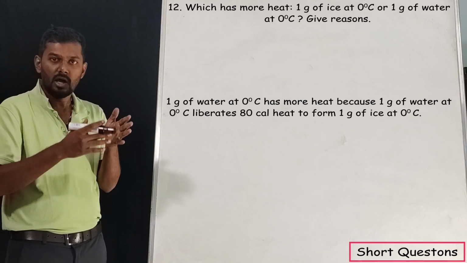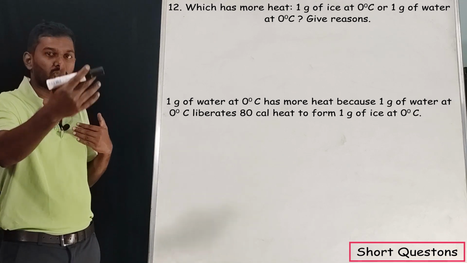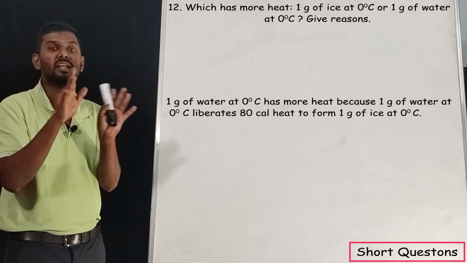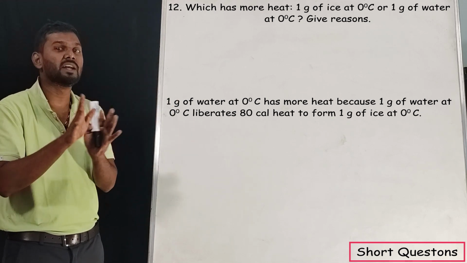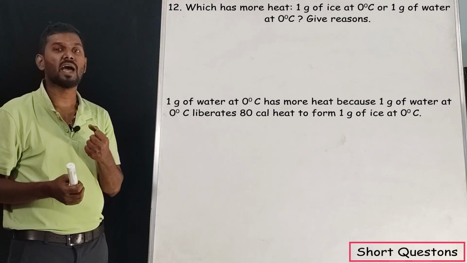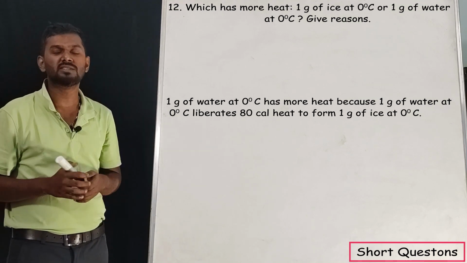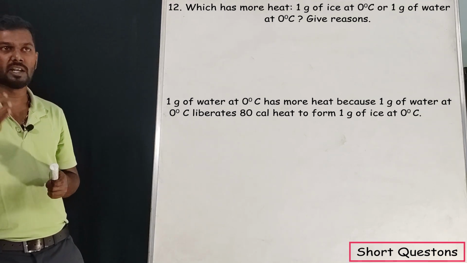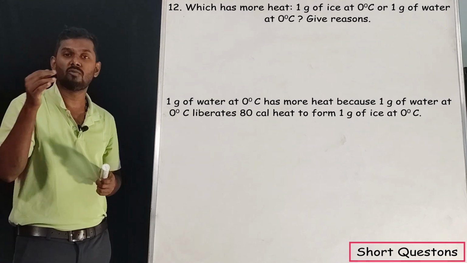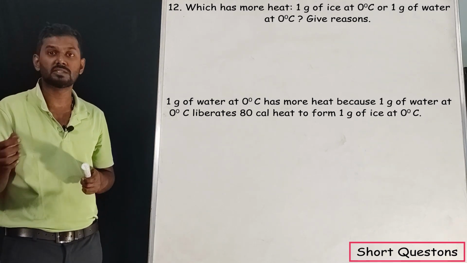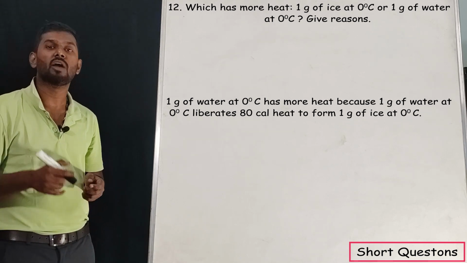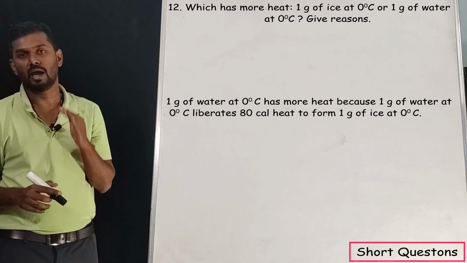Whenever water is converting into ice, it will release heat energy. If it is releasing the heat energy, that means water has heat energy, right? So the answer for this question is 1 gram of water at 0 degree has more heat energy, because 1 gram of water at 0 degree Celsius liberates, means releases, 80 calories of heat to convert into ice.